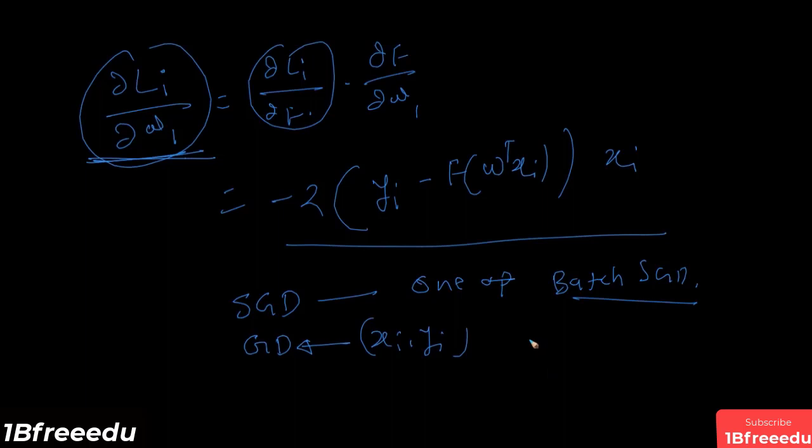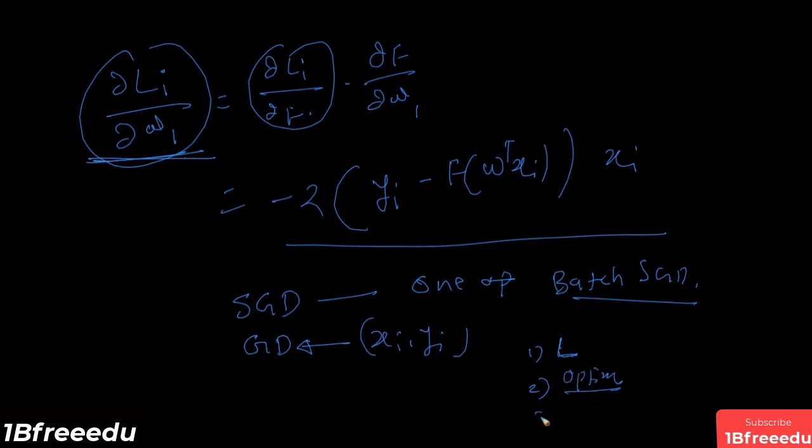So this was how to train a single neuron model. Training a single neuron model means finding the correct weights, right. So updating the weights is nothing but training the single neuron model. To update the weights, we first need to define the loss function. After defining the loss function, write the optimization problem.